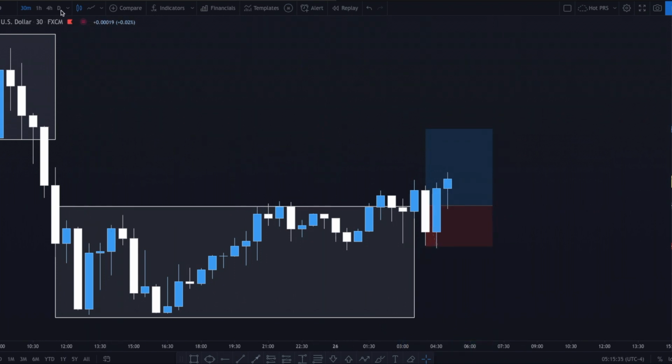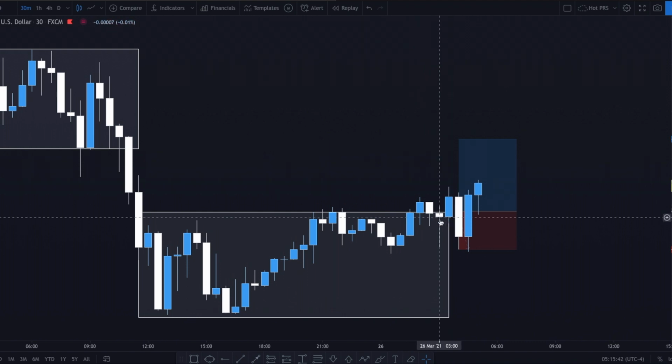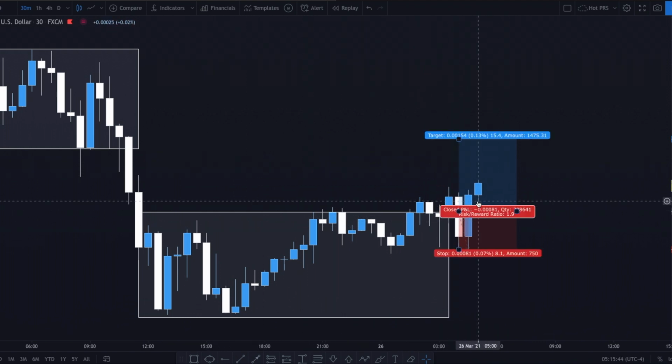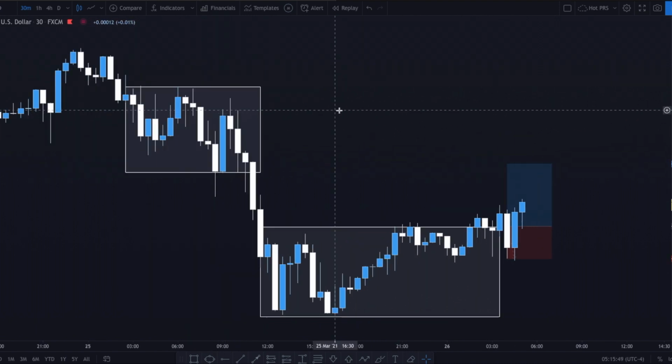Nah, I was kidding. I was satisfied because it works with our trading plan. That was the plan: break of the zone, retest, got our entry, and wait for price to push to the upside. But let me show you guys something real quick.